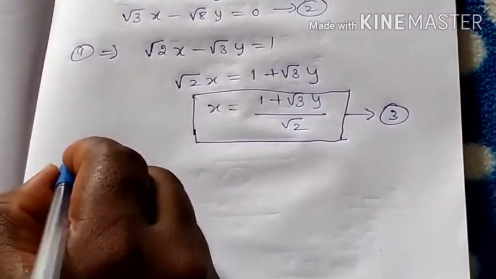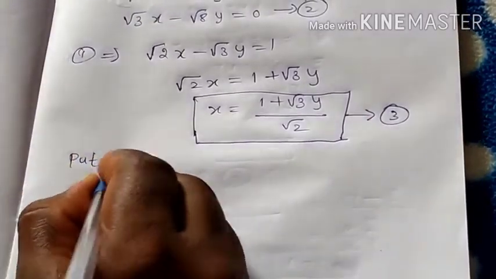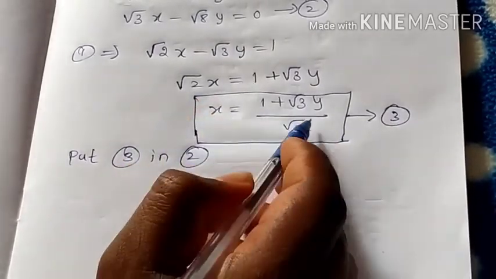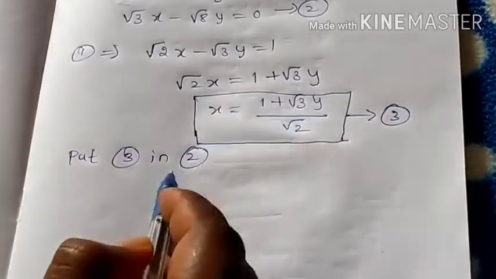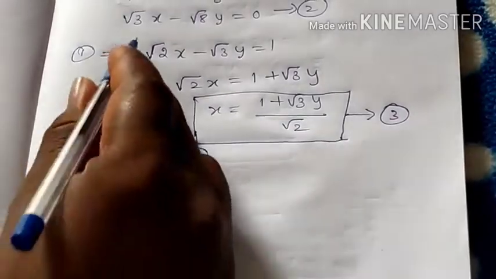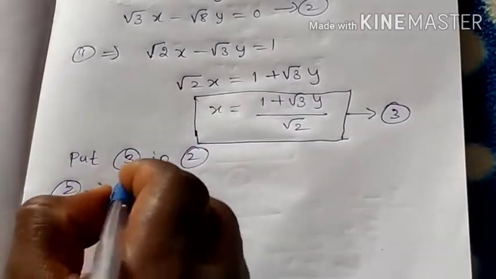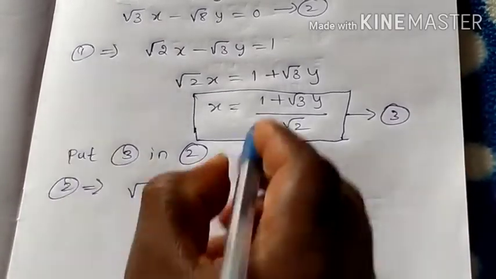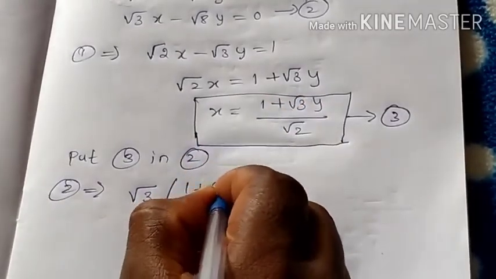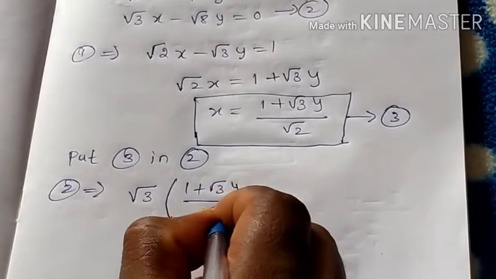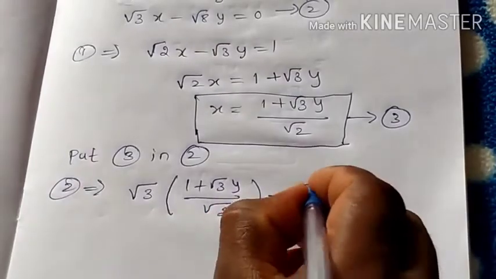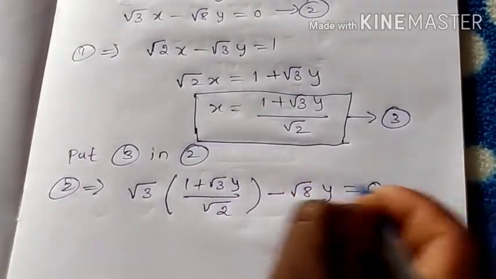Okay, now put 3 in 2, because this is the first equation simplification. So put in 2. The second equation implies root 3 into x. The x value is this: 1 plus root 3 into y divided by root 2, minus root 8y equal to 0.